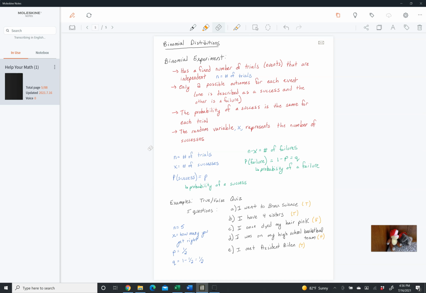Okay, let's take one more example of a binomial experiment, and then we'll be done. The other example would be, let's say, that we're talking about whether or not it rains on a given day of the week.